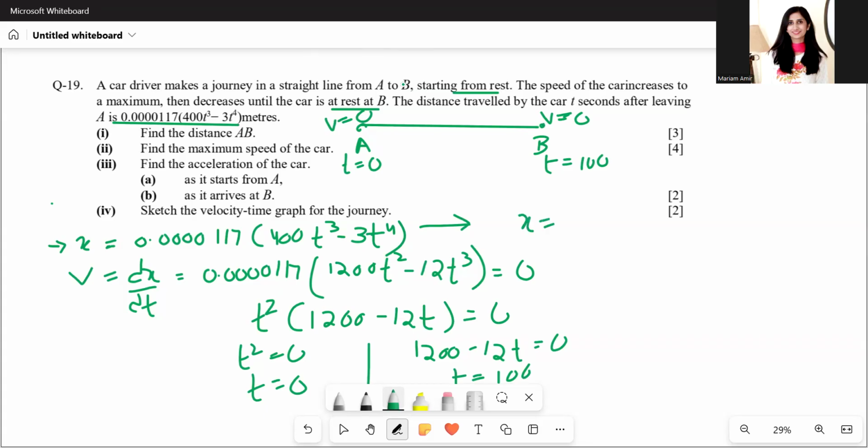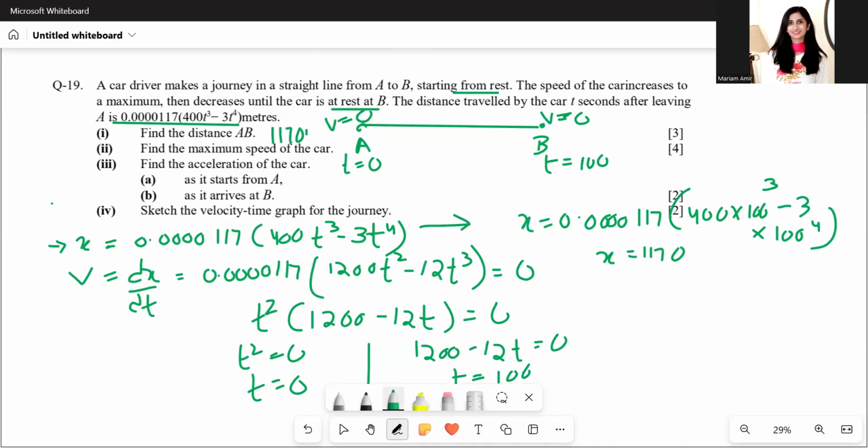So x would be 0.00000117 times (400 times 100 cubed minus 3 times 100 to the power 4). This should give us 1170, which is the distance between A and B in meters.